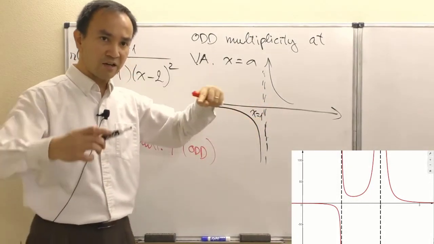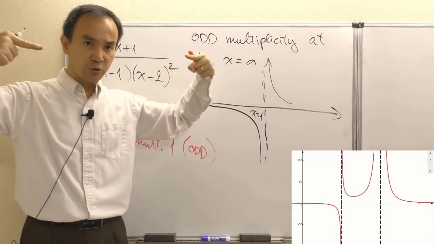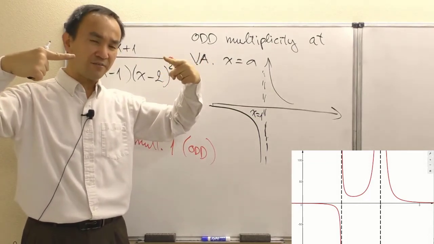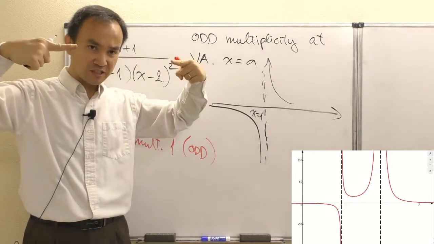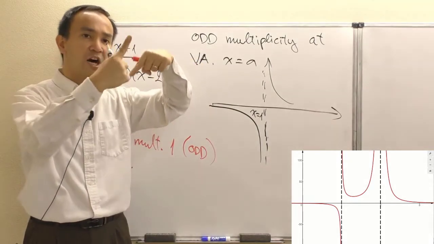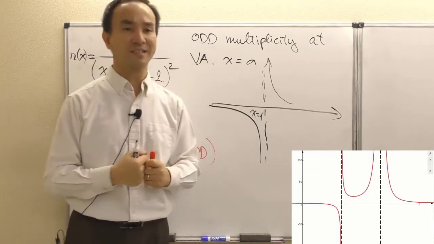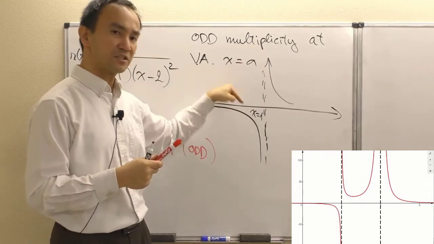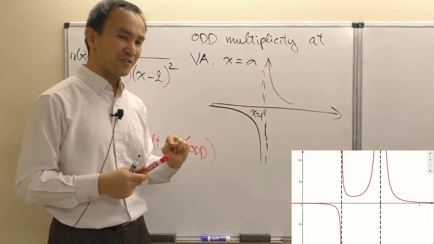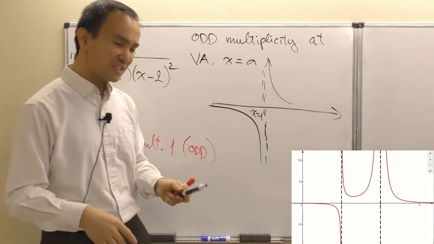As far as the picture, the two pieces of the graph around the vertical asymptote come to the vertical asymptote in opposite directions. One side goes up, the other side goes down. Okay? So, there are other cases out there.